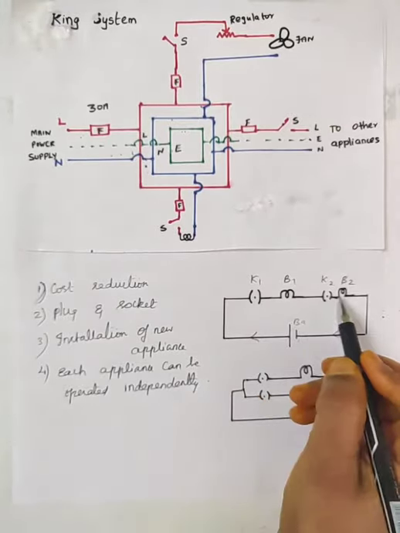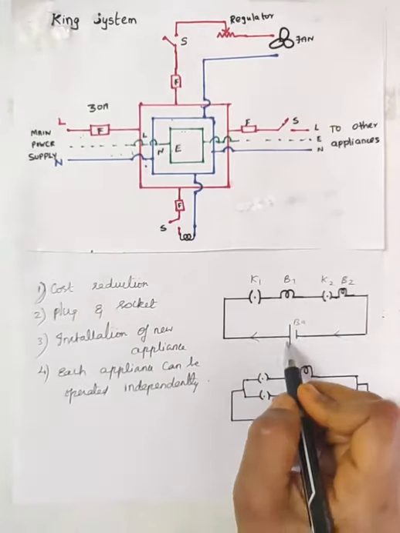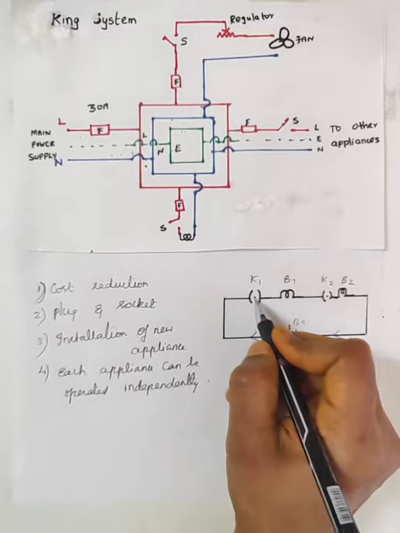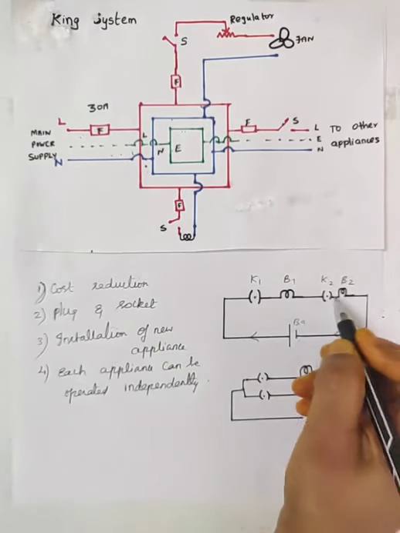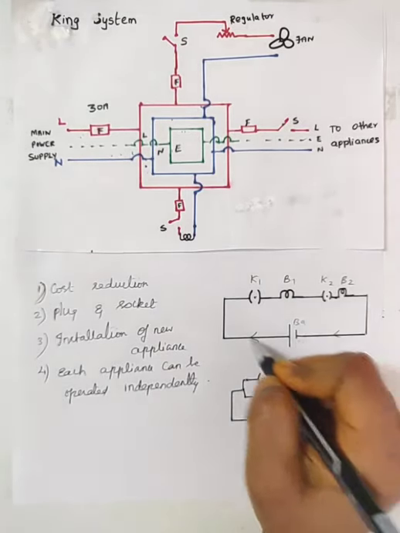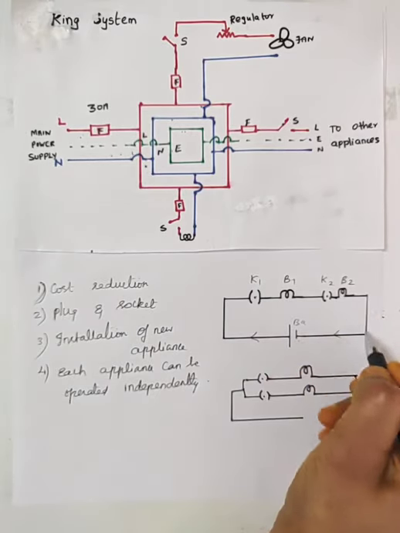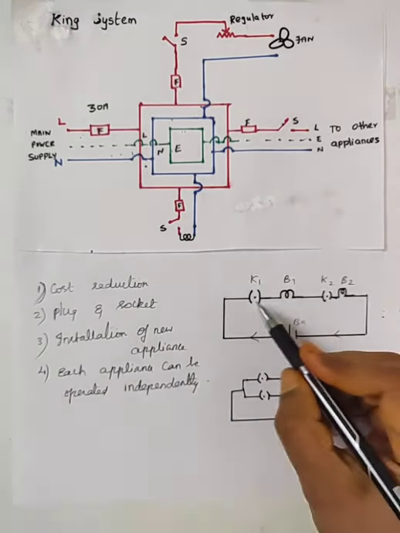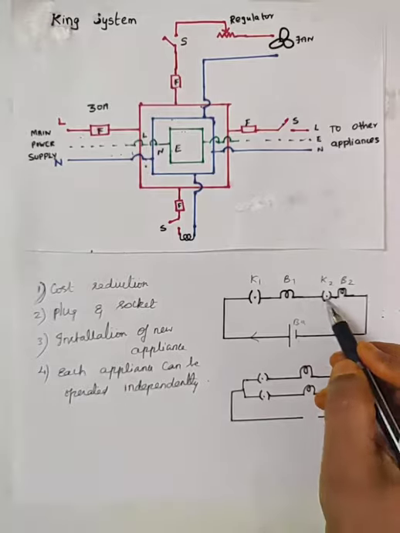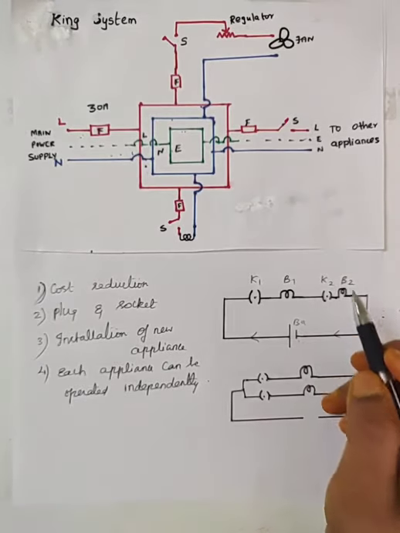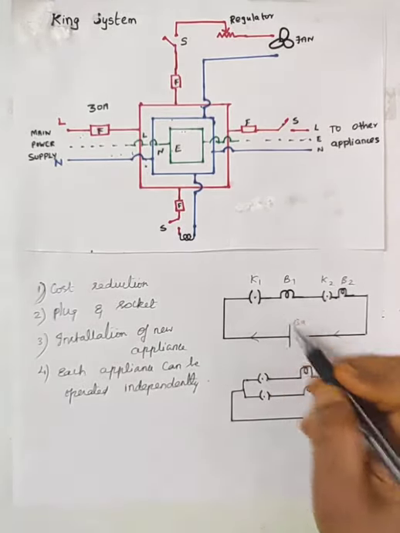Now, when the two bulbs are connected in series, the current flows from the battery. When the key K1 is on and K2 is also on, the current flows, both the bulbs are connected in the closed circuit, and both the bulbs will glow. They get the current supply from the battery.